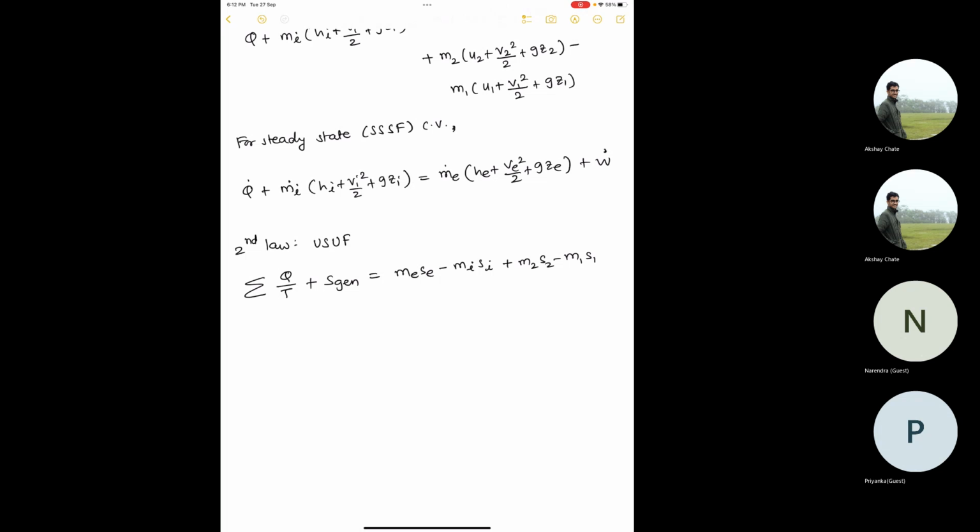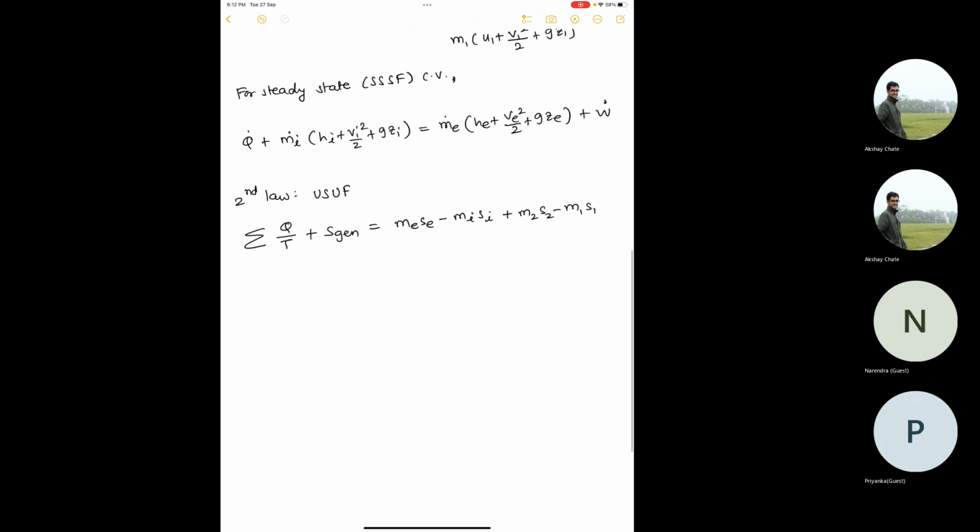uniform state, uniform flow. And for steady state, steady flow, you can again write this Q as a function of time.